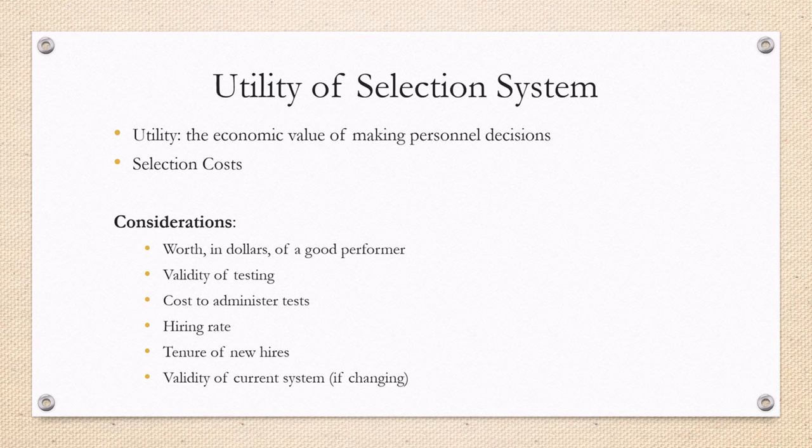We can also include things into this utility analysis like reduced levels of turnover, how much training will be needed. If we are hiring people that have higher credentials coming in, we may not need to spend as much on training.